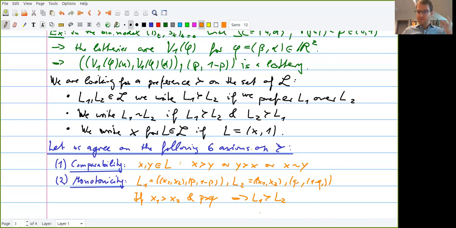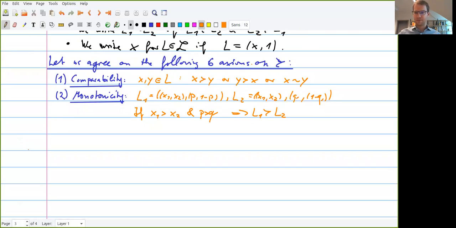So I have these monotonicity principles: if I have two lotteries which give me exactly the same payoffs with different probabilities, I prefer the one which gives the higher payoff with the higher probability. Okay.